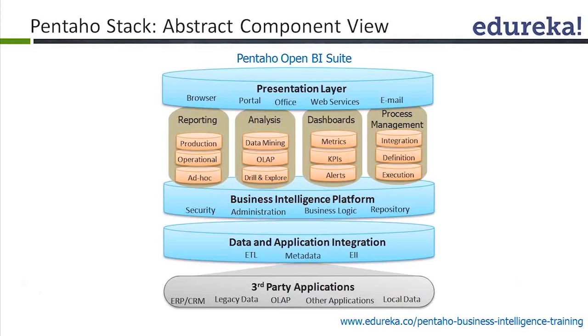Then BA server is giving you administrative features, like you can add a data source, you can make some data source read only. Then business logic also can be implemented in BI, as we mentioned, it supports APIs. So with the help of API, you can write business logic. It supports repository. So let's say you have built one very fantastic workflow in data integration.